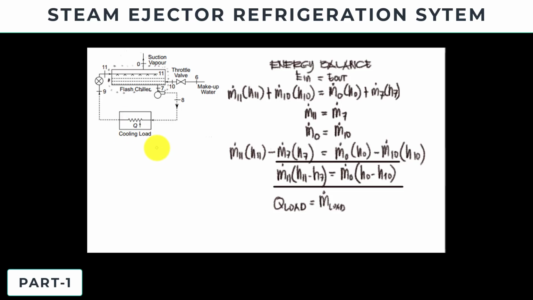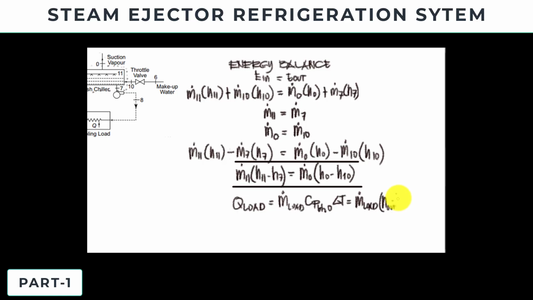Since it is water, we cannot go below the freezing point, or even on the freezing point. So that will be equal to the specific heat of H2O, then the change in temperature. Or this can also be expressed as your mass flow rate of the load multiplied by enthalpy of water out minus enthalpy of water in.